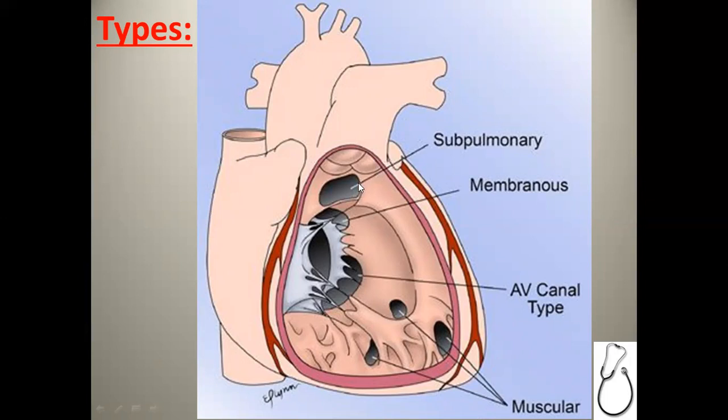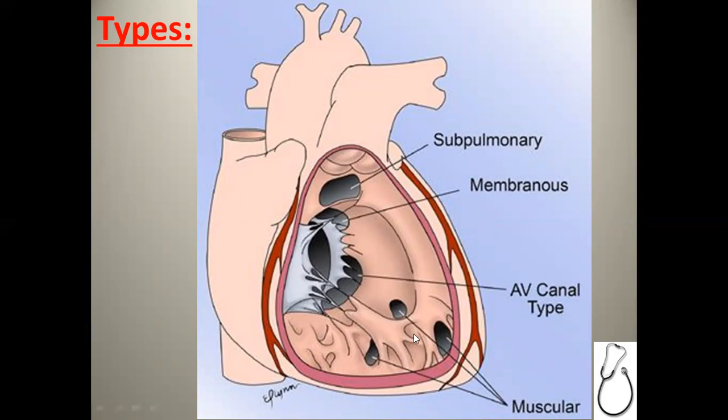And the third one is the muscular type, which is located in the mid portion or apical region of the ventricular septum, and it may be single or multiple, which is called Swiss cheese type.